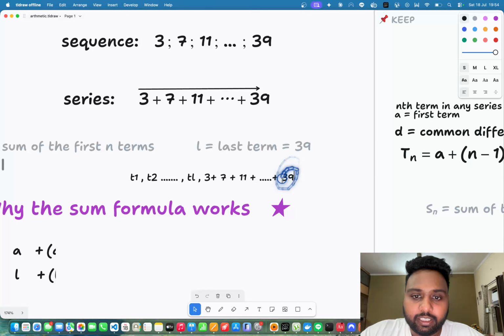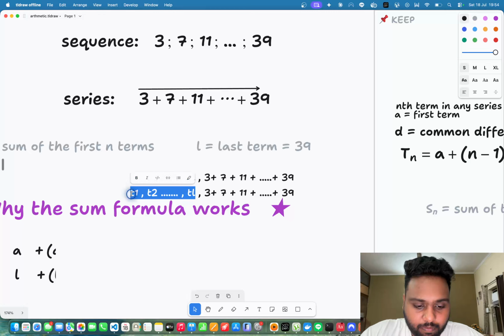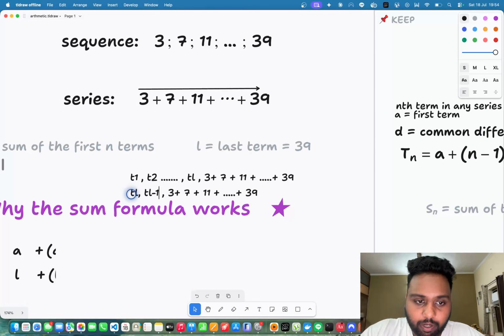Will it make a difference if I write it as TL, TL minus 1, and so on?